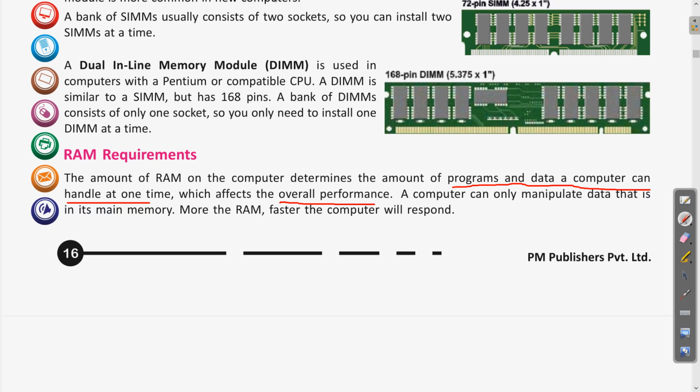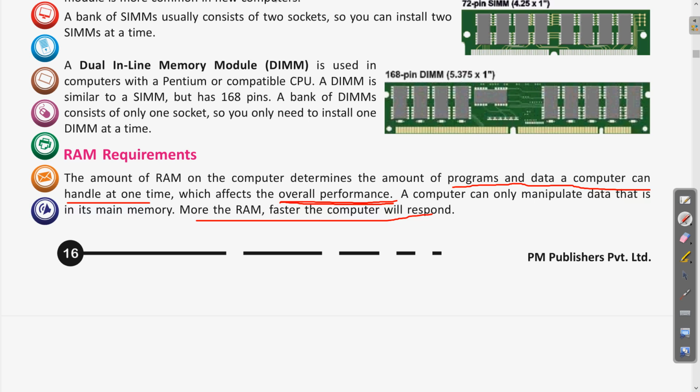Okay, so the performance of the computer, the speed of the computer, and the quality of work will get enhanced by using more RAM or bigger size RAM. A computer can only manipulate data that is in its main memory. The more the RAM, the faster the computer will respond.